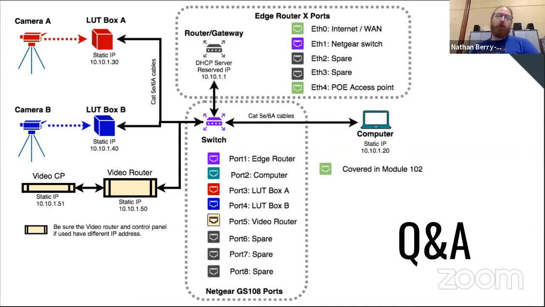But in terms of why we chose 10.10.1, the reason was just that it's very separate from any other default configuration that exists in other routers or other networks that you might encounter. So it's very segregated away from those other networks.